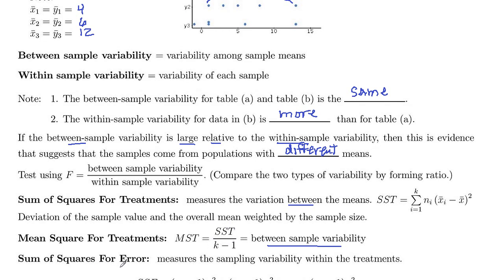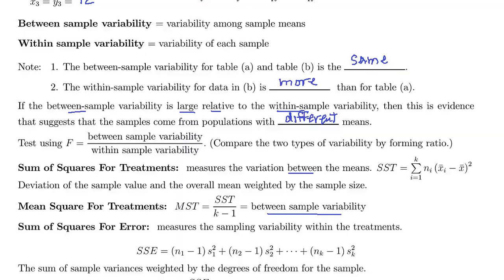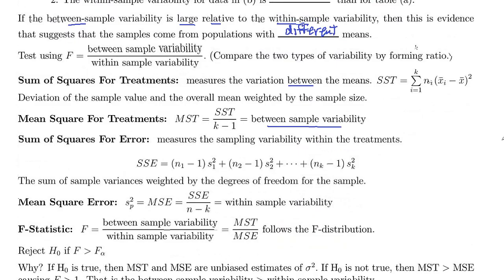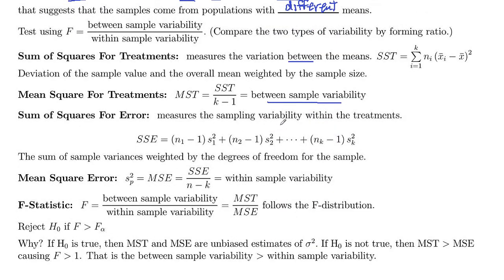And then the sum of squares for error is a measure of sampling variability within the treatments. And so we define that SSE is n1 minus 1, so first sample size minus 1, times the first variance, n2 minus 1, second sample size minus 1, times the second variance, all the way down to n sub k minus 1 times the variance of the last sample.